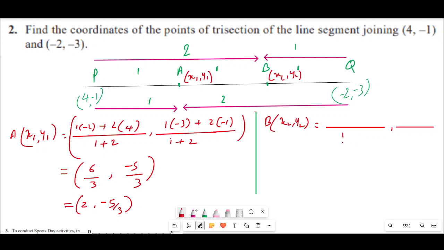Clear? 2 plus 1, 2 plus 1. Now we will use this: 2 into -2 plus 1 into 4, and 2 into -3 plus 1 into -1.